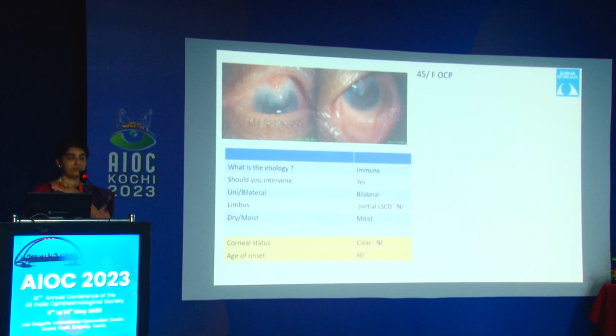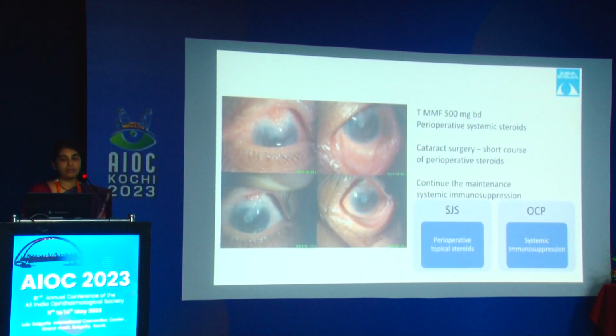This is a completely different scenario where you're dealing with an immune condition such as OCP, with again a focal LSCD and clear cornea. So here the intervention would depend on the underlying immune condition, and this is a situation where you would need to start these patients on systemic immunosuppression before you actually touch the eye.